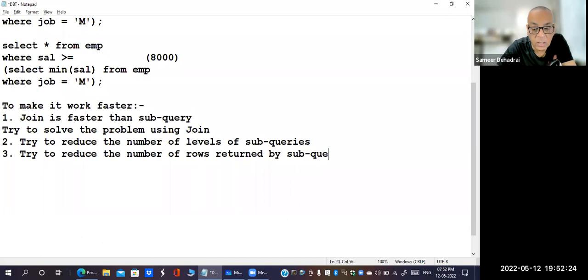So these are the three things that you must try if you want to make it work faster. Got it?